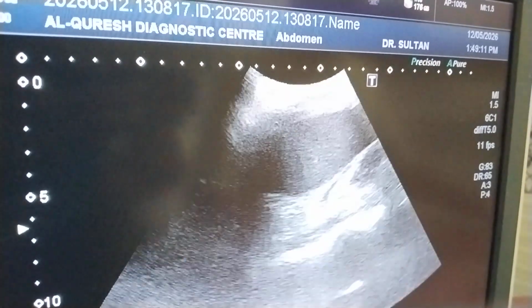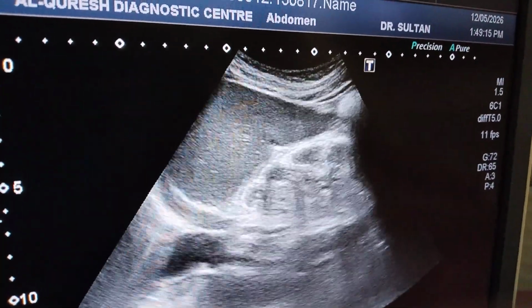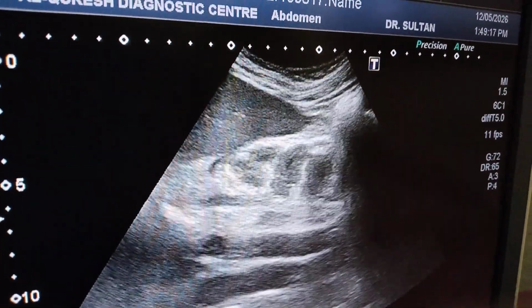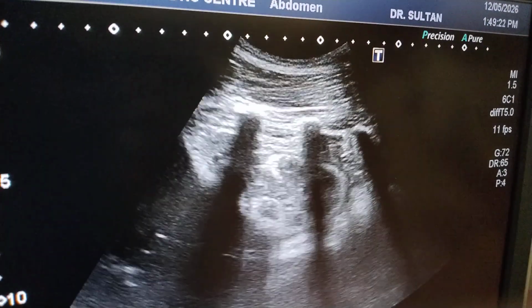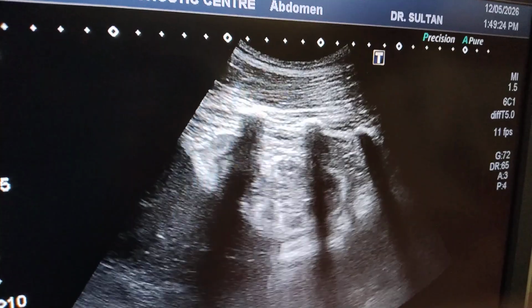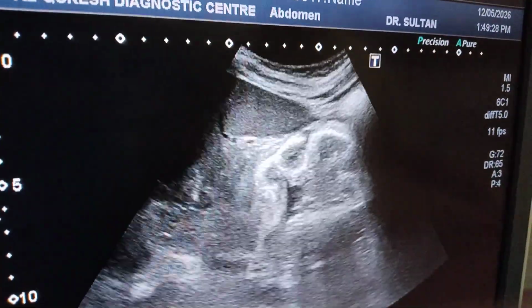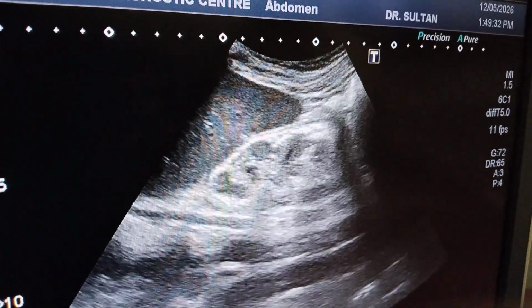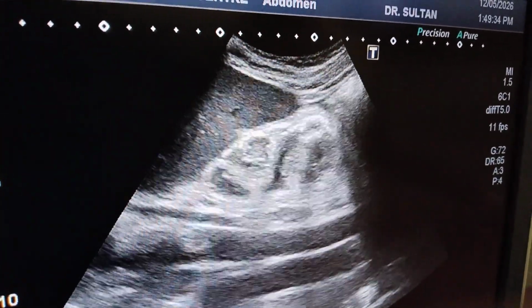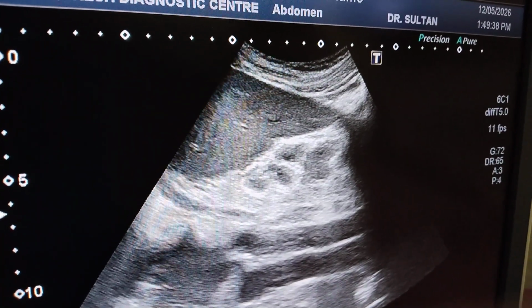Now look here, the picture of the nephrocalcinosis. This is the left kidney. This is the right kidney. One thing we have seen many times is medullary nephrocalcinosis, meaning calcification within the pyramid.